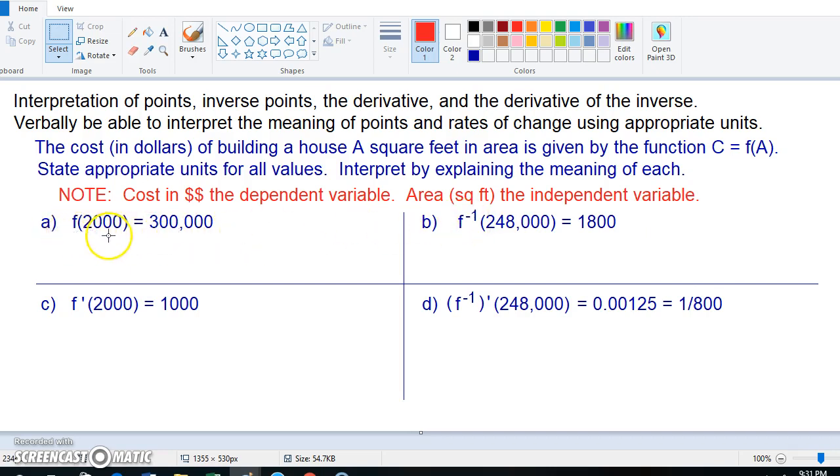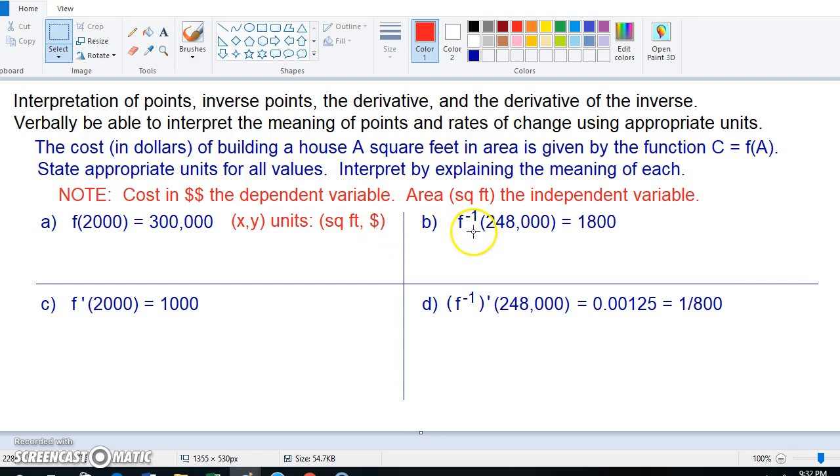So it says f of 2,000 is 300,000. Remember, the input of the function is area in square feet. The output, 300,000, is cost in dollars. So for this first point in question, the x and y units are square feet and dollars.